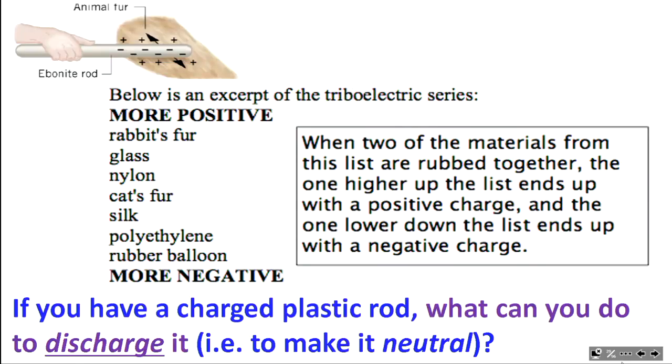Now, sometimes we want to bring the object back to its neutral state. The best way to do that is using a conductive paper or foil. Please remember that, because people tried: we cannot charge an object using aluminum foil.